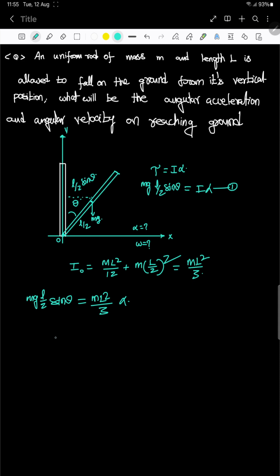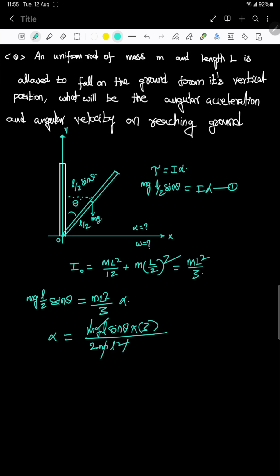From this, alpha can be written as alpha equals mgL sine theta into 3 upon 2mL square. m gets canceled out, L and square get canceled out.